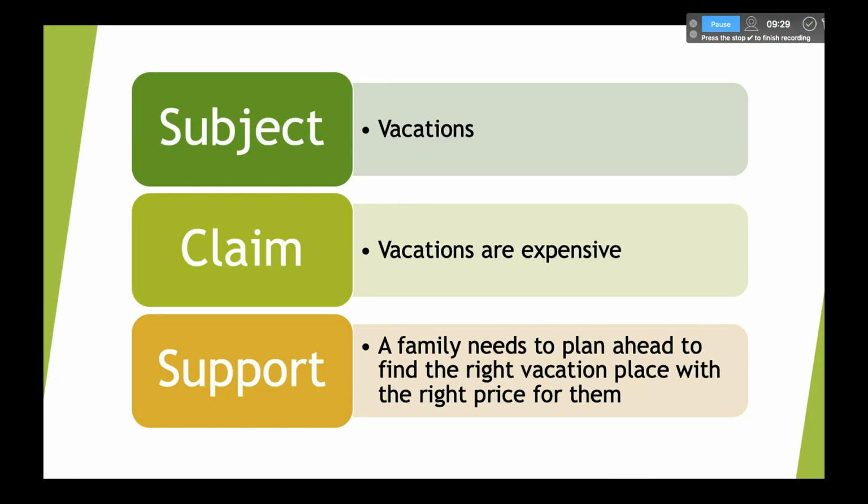So here I have my subject, vacation, or vacations, my claim, vacations are expensive, and my support: a family needs to plan ahead to find the right vacation place with the right price for them. Now, if you remember at the beginning of this video, I talked about the different types of thesis statements that exist.